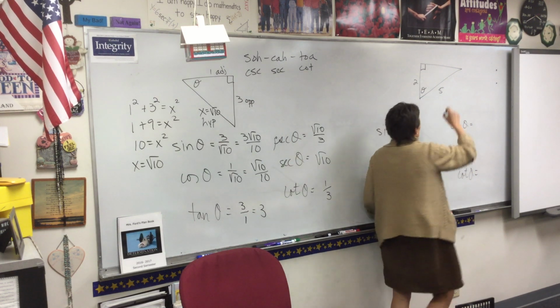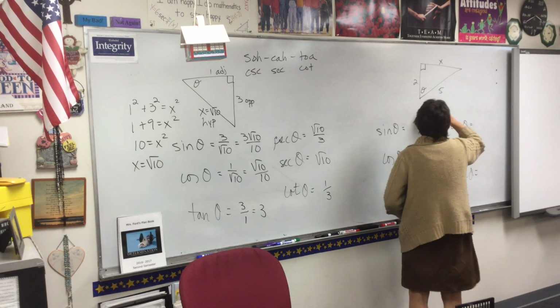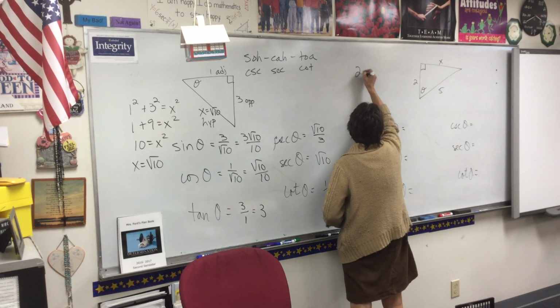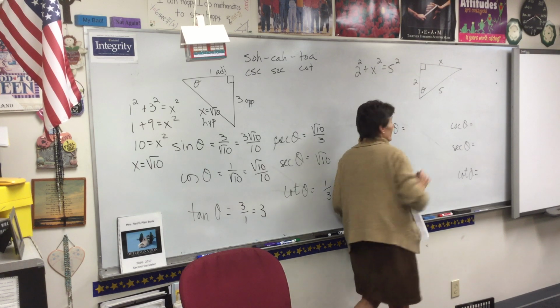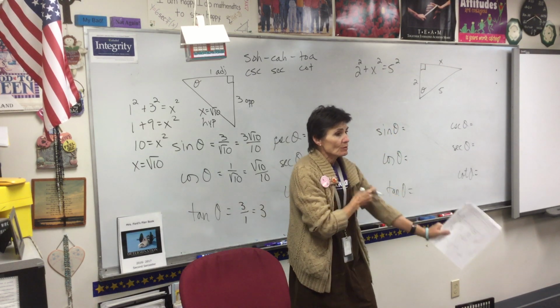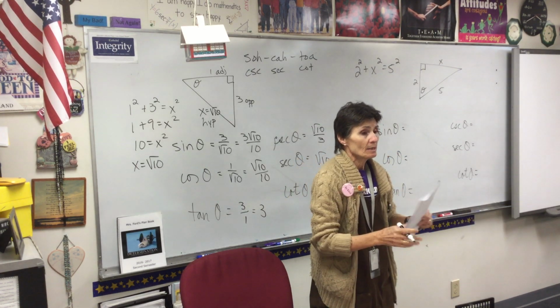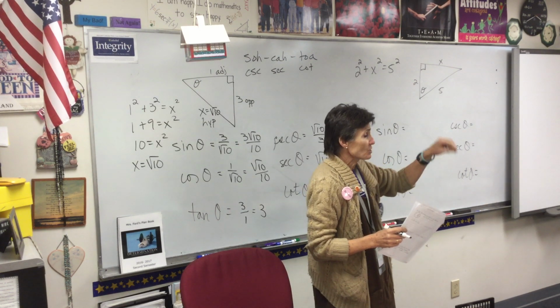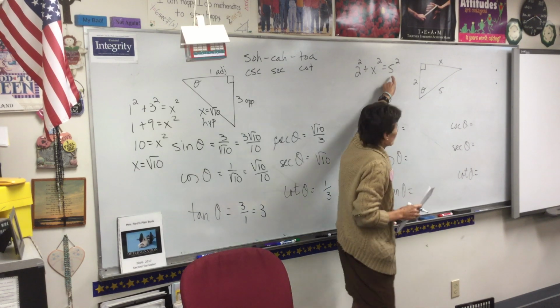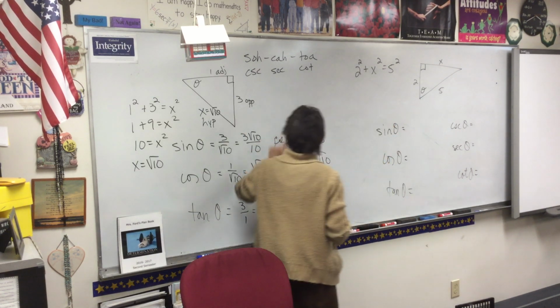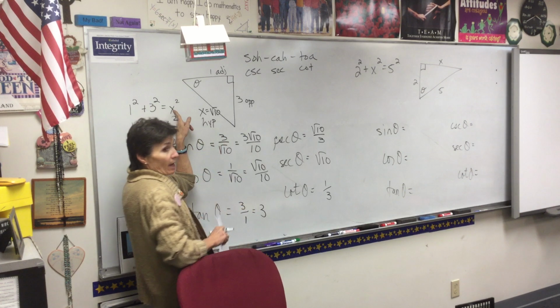So the Pythagorean theorem is going to say 2 squared plus x squared equals 5 squared. Because when you do the Pythagorean theorem, it's always side squared plus side squared equals hypotenuse squared. The one that's over here by itself is always the hypotenuse.